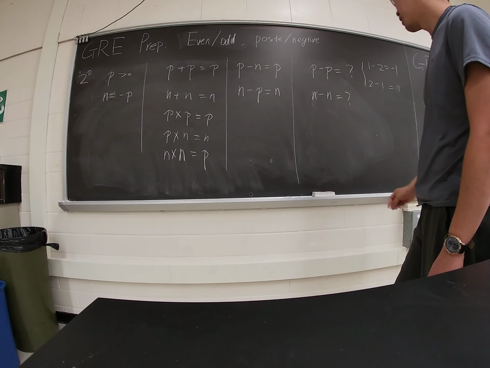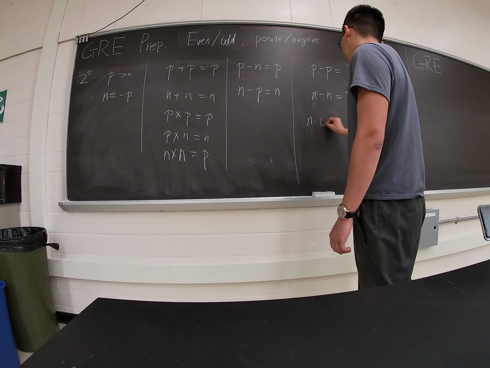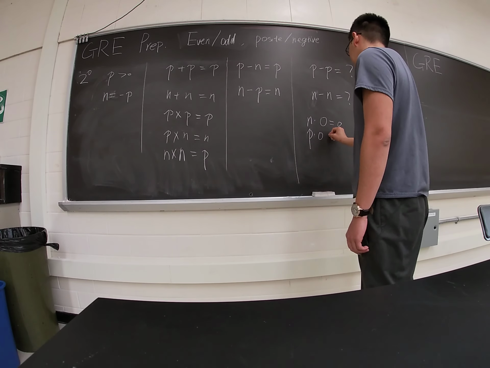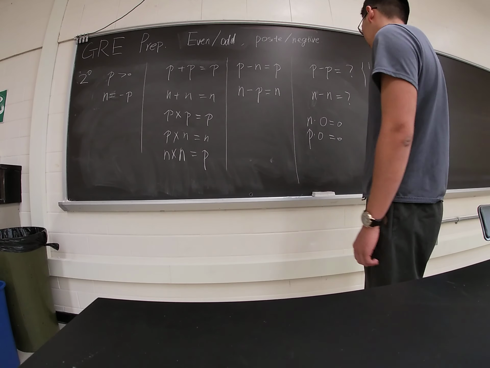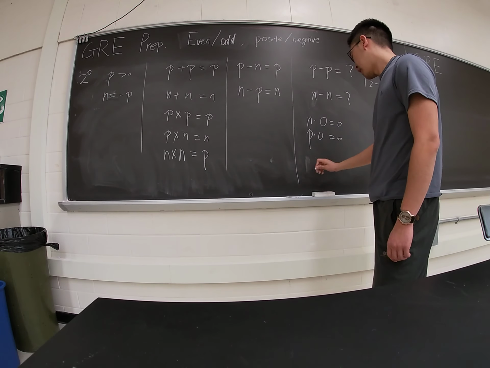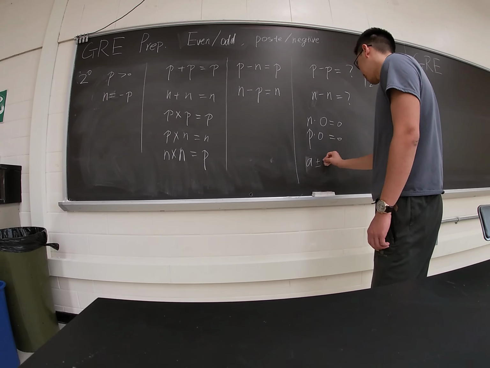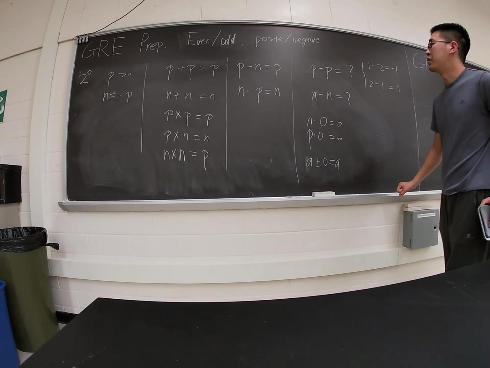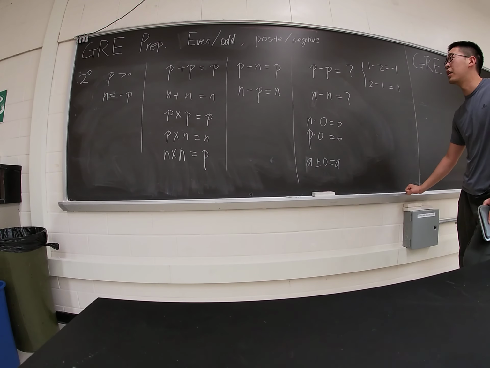If we throw 0 into the equations, negative multiplied by 0 is 0, positive multiplied by 0 is 0, and any number plus or minus 0 is itself. So that's the simple beginning on learning the evenness and oddness and positive or negative of a number.